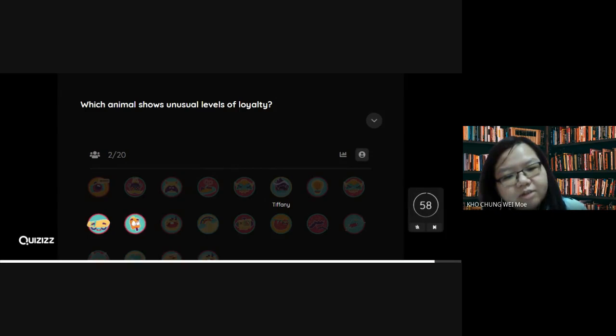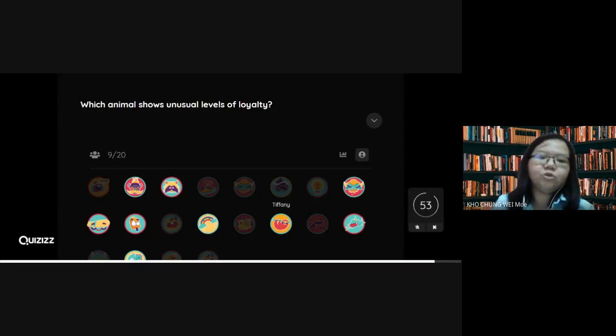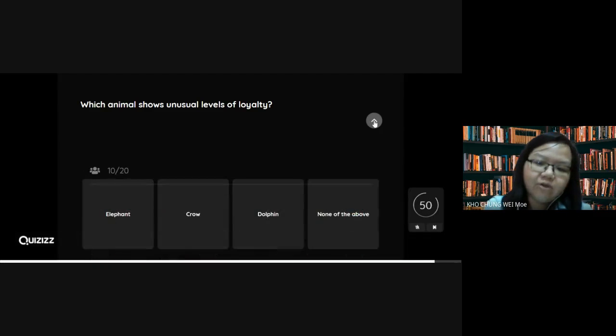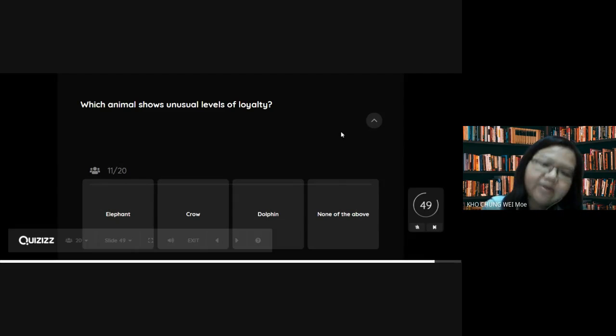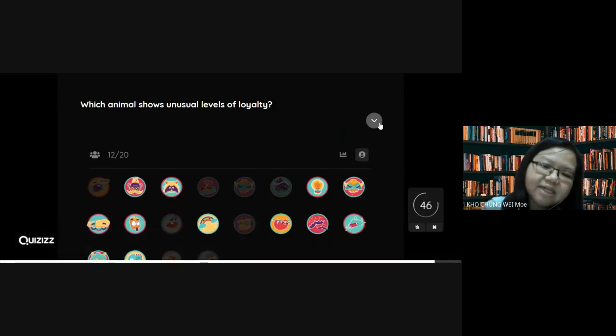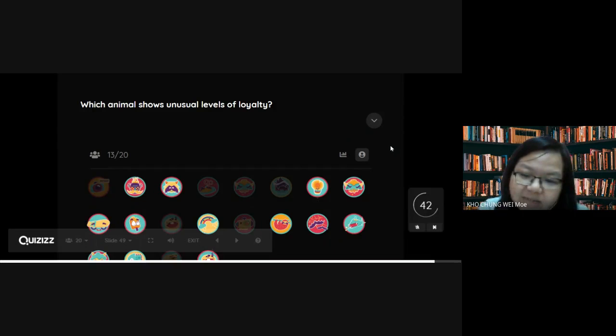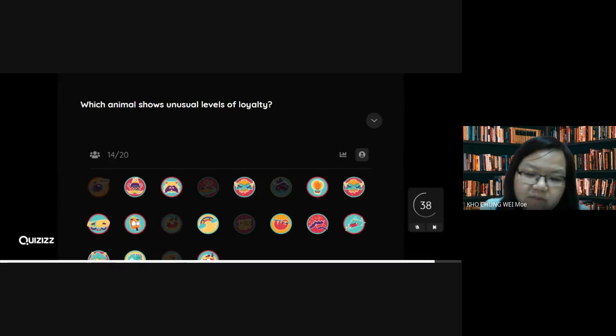Which animal shows unusual levels of loyalty? Being very loyal. Elephant, crow, dolphin, or none of the above. Okay, too bad the answer dog is not there. Otherwise, I think some of you will put down dog. But remember, the text is only about the 3 animals.